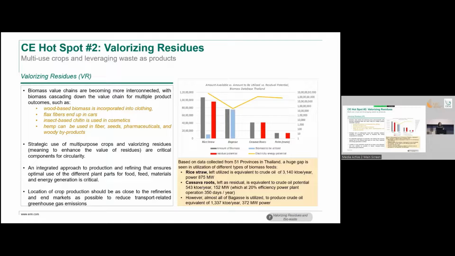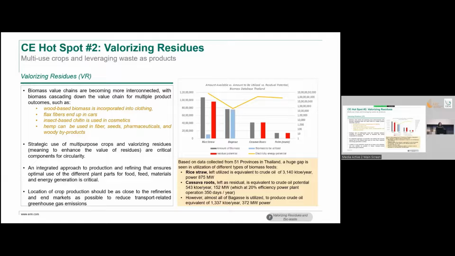Now, on the other hand, when you look at how valorizing residues is used in a global context, it is not just used for biofuel production, but these residues are diverted into other industries. For example, clothing, car materials, cosmetics, or even the pharmaceutical industries.